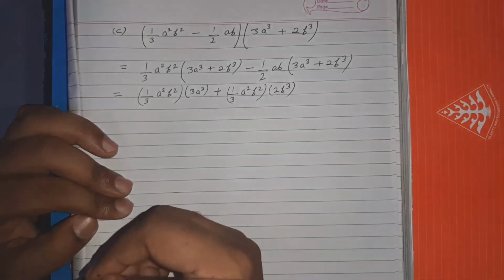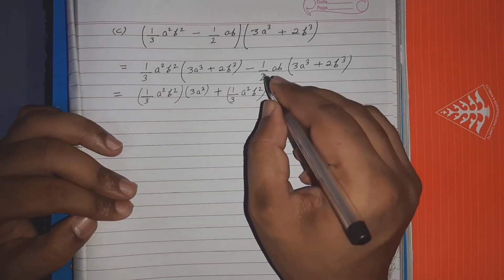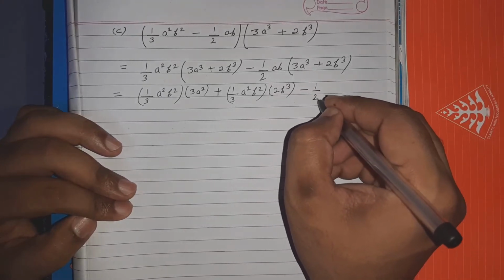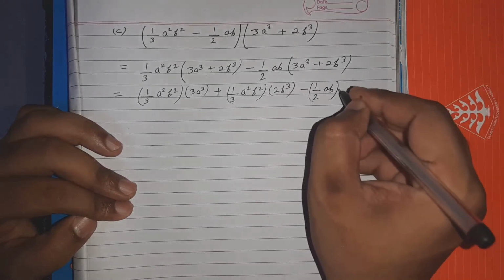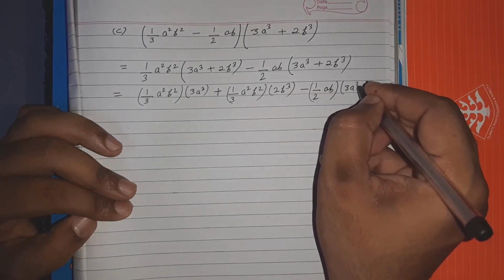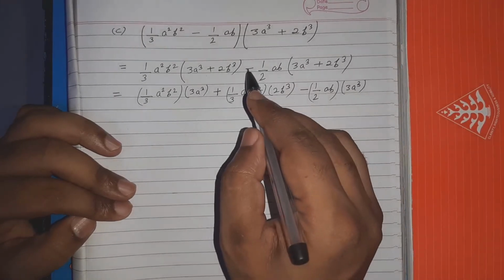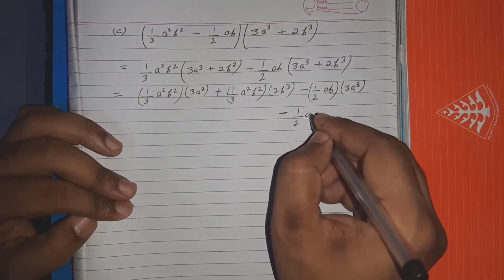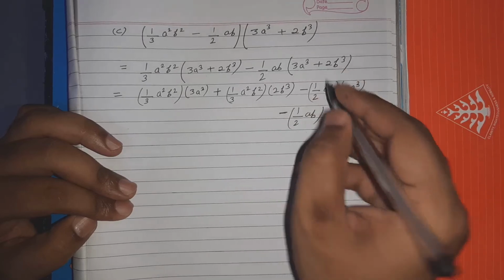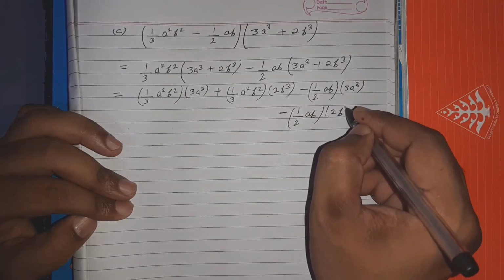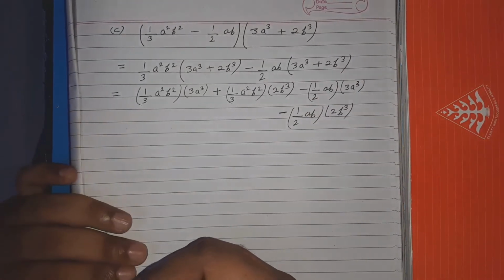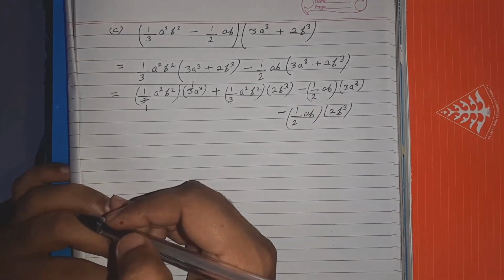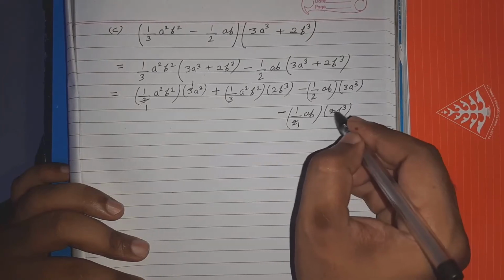And here 1 by 2ab multiply by 3a cube, and here minus plus minus, and 1 by 2ab multiply by 2b cube. Now here we can cancel out 3 ones are 3. And here 2 ones are 2.